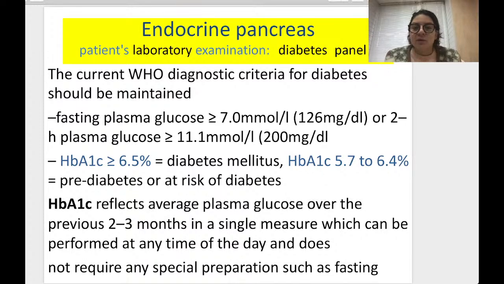If it is the oral glucose tolerance test, it is more than 11.1 millimoles per liter or 200 milligrams per deciliter. Fasting glucose or oral glucose tolerance test elevated: more than 7 for fasting, more than 11.1 for OGTT.